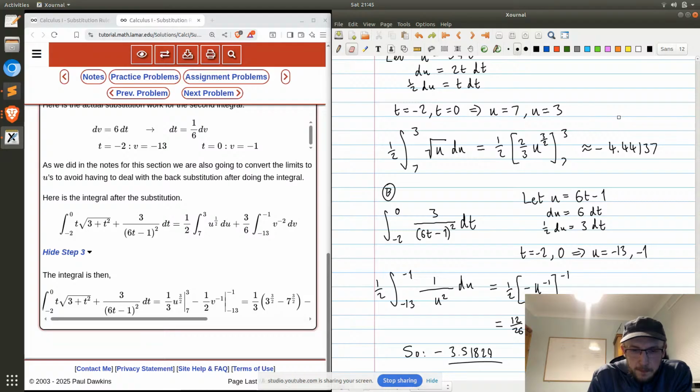So, it's 1/3 of, first, I shall plug in 3. So, 3 to the 3/2, 3 to the 1.5. Okay. Then I shall plug in 7.